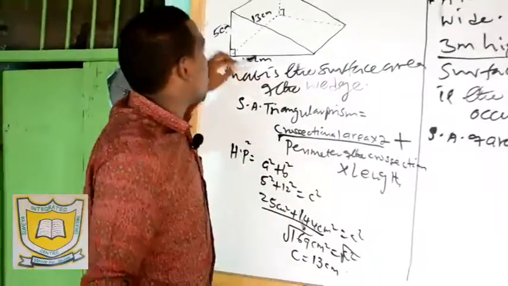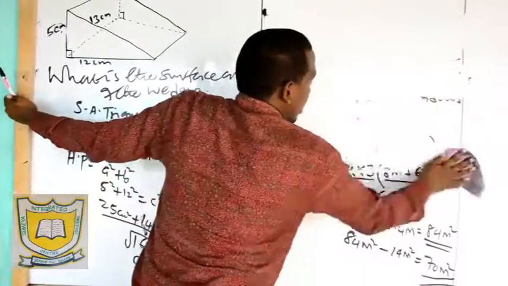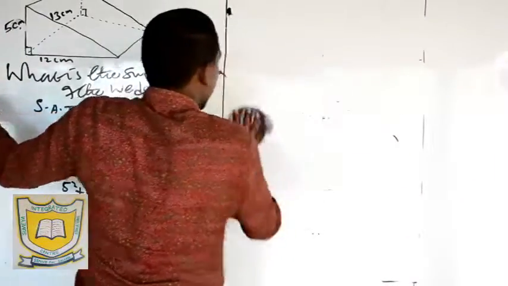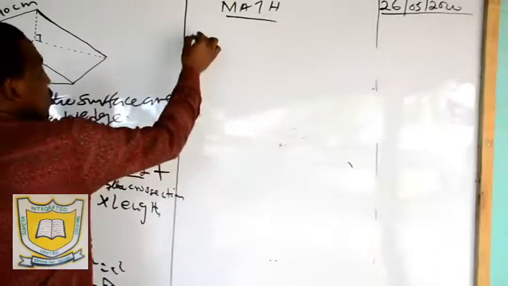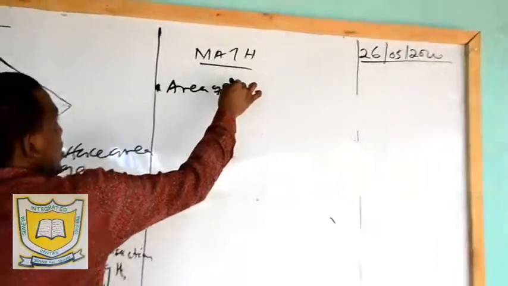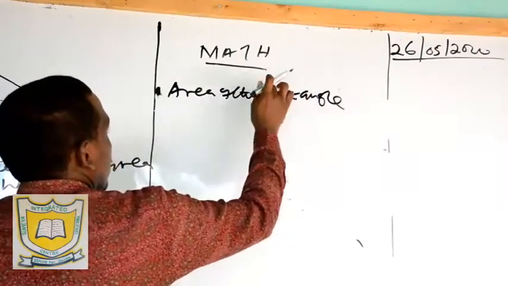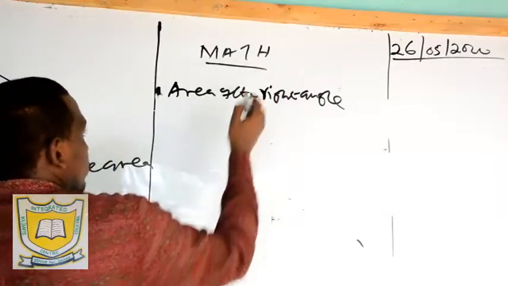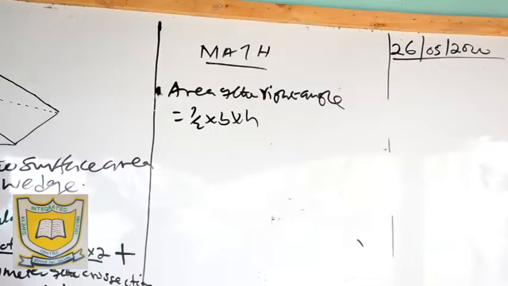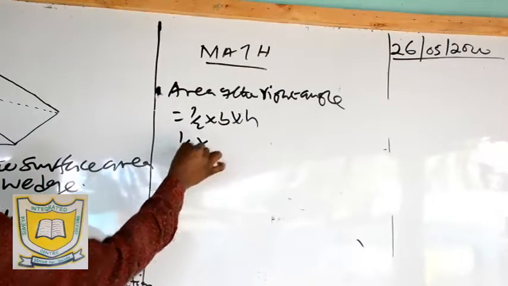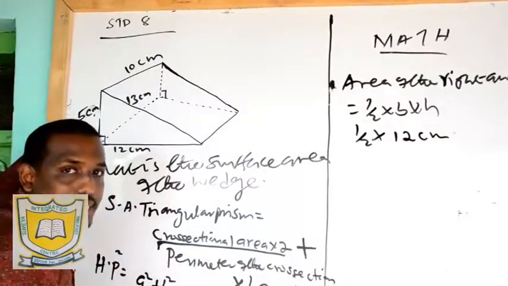Now we want to get the surface area. So the formula was cross-sectional area. You get the area of this triangle now. Let us get the area of the right angle triangle, which is equal to 1/2 times base times height. 1/2 times base, which is 12 centimeters, times height, which is 5 centimeters.